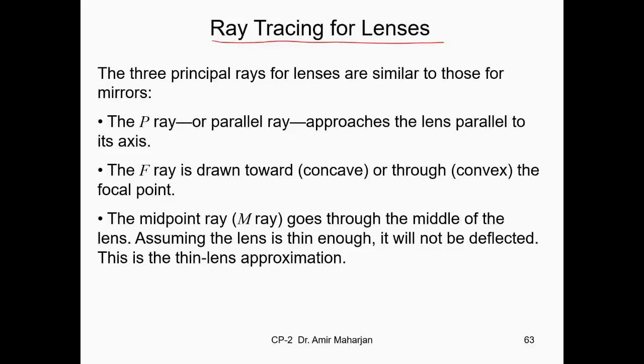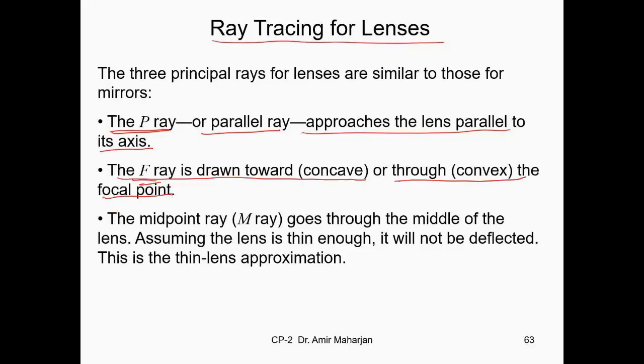So these are some rules you need to follow. These are some techniques. You actually need only two rays to trace the image diagram to find the position of the image formed by the given lens. First, you need a P ray. P means parallel ray, which approaches the lens parallel to the axis. The other one, actually you don't need the F ray, but in case you need it, the F ray is drawn towards the concave or the convex focal point.